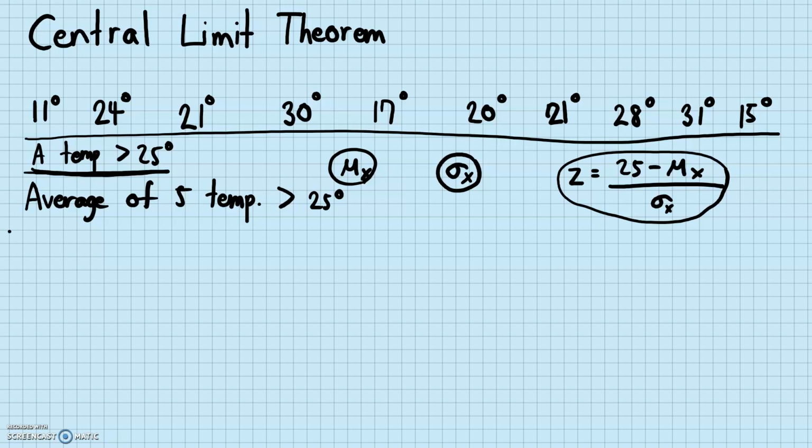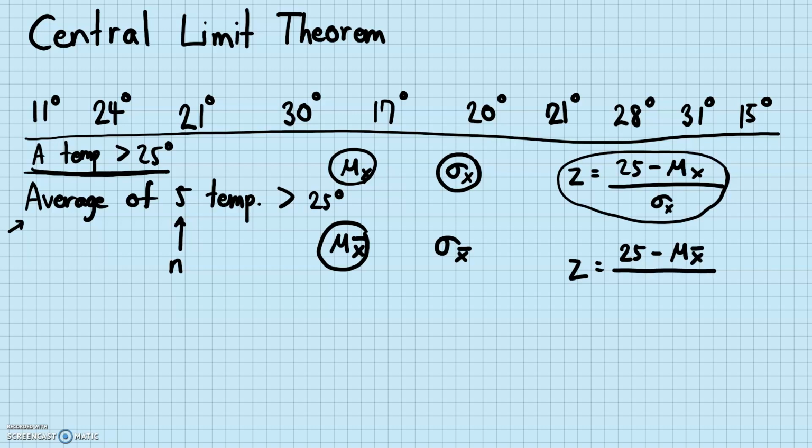But here it's asking about the average. So here it's asking for the mean of the averages and the standard deviation of the averages. We're taking 5 random temperatures, so that means n would equal 5. And the mean would be the same, right? We've shown before that it's the same as the original.